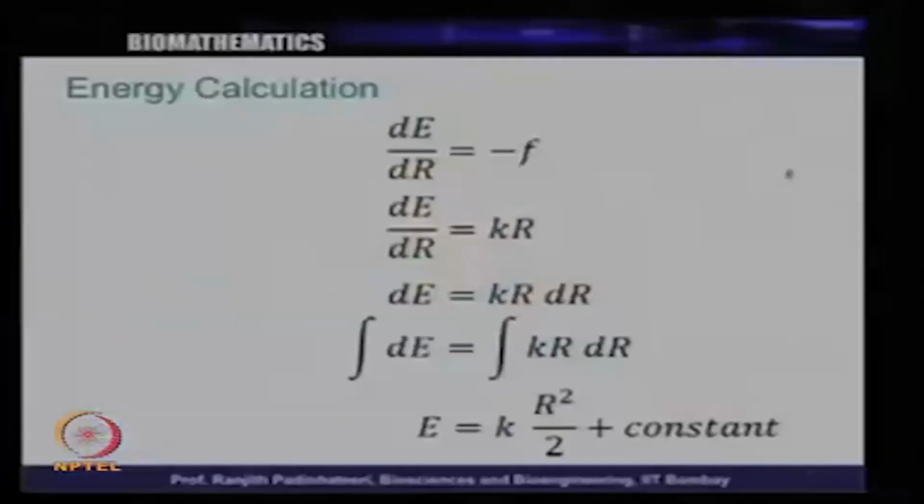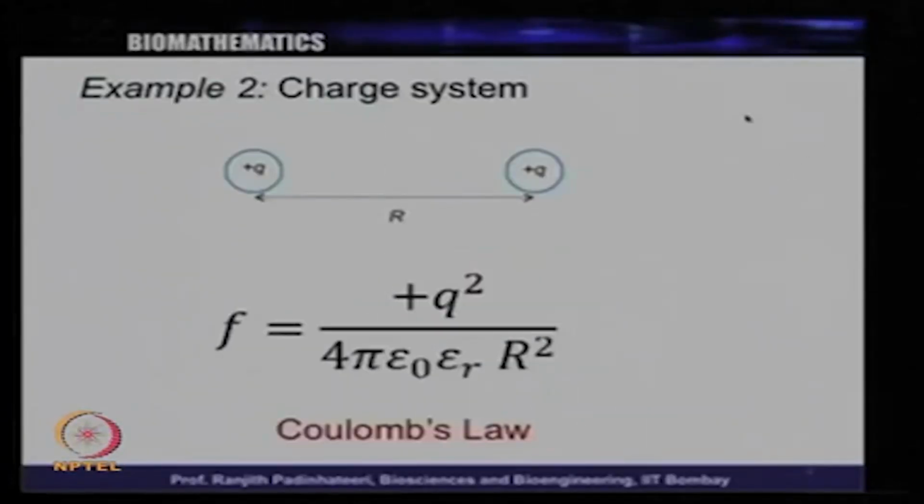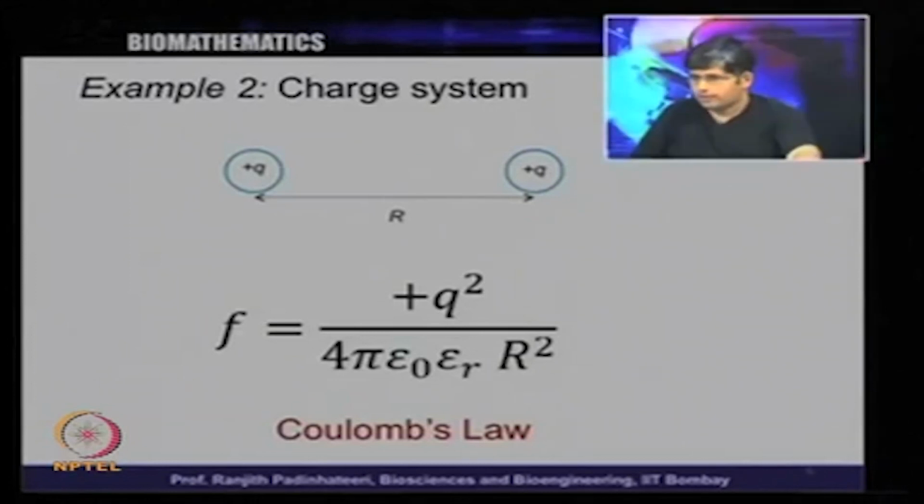Now let us go to our next case, which is basically charges. As we said, if we learn about springs and charges, we learn a lot about biological systems. So let us take the simplest case of a charge system, which is two charges, plus q and minus q, at a distance r apart.